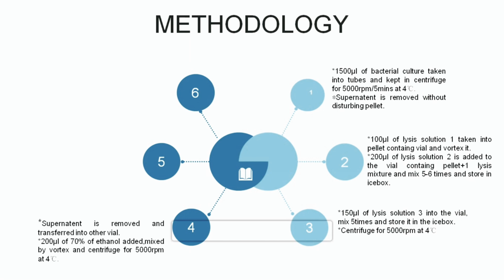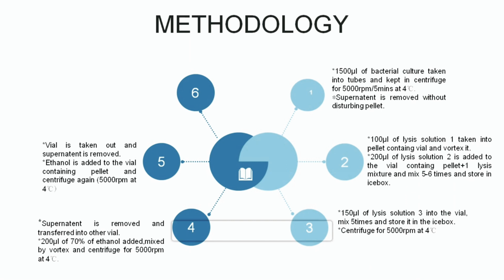Now the supernatant is removed and transferred into another vial after centrifugation. Now the volume is set to 200 microliters, 70% ethanol is added and mixed by vortex and again centrifuged at 5000 rpm at 4 degrees centigrade.